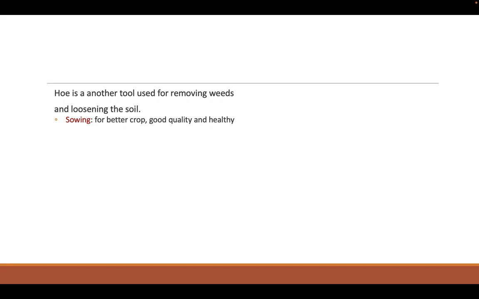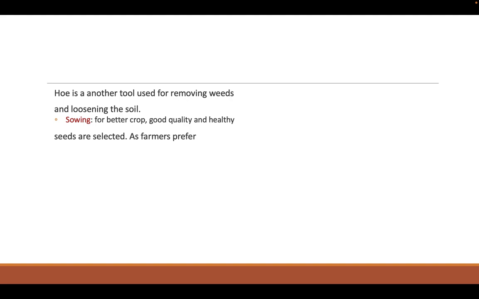The next step in this process is called sowing. Now, after you prepare the field, we need to sow. For a better crop, good quality and healthy seeds are selected. Sowing means you sow the seed so that you're going to get the plant, right?